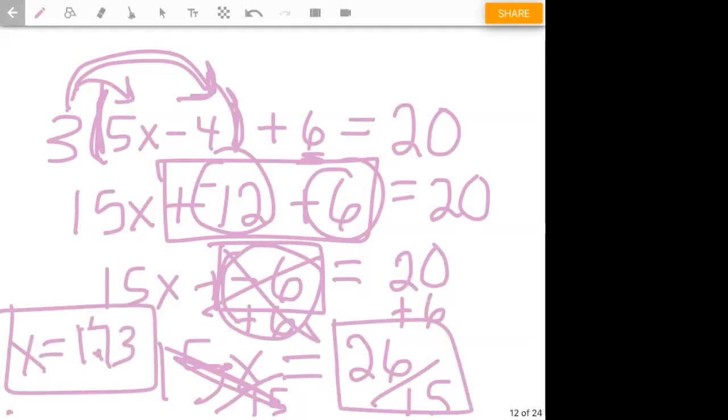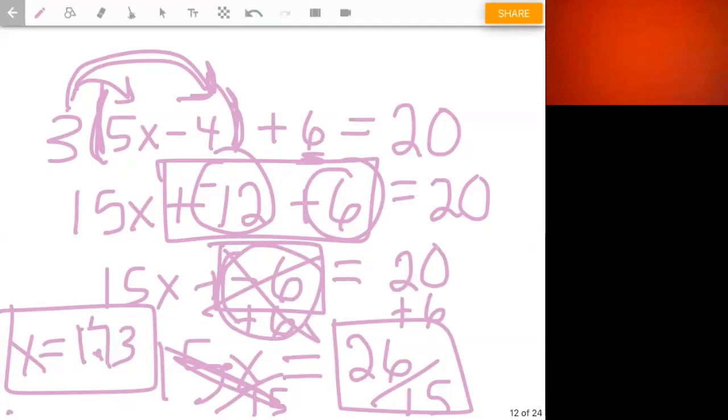So I just used a calculator. It comes out to be 1.73, about. Why did I get 1 and 11 over 15? Well, I'm using pencil and paper. Okay, that's right. 1 and 11/15 is the same thing. I just got the decimal.